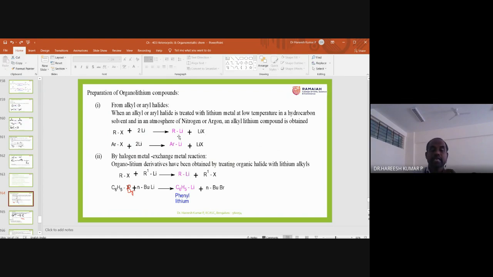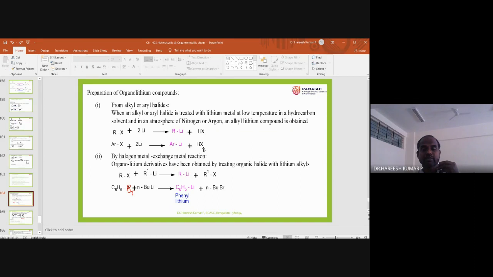This reaction should be carried out in an argon atmosphere or nitrogen atmosphere, because these are hygroscopic in nature. What does hygroscopic in nature mean? It means the compound will catch the moisture present in the atmosphere. That moisture itself is enough to change the physical properties of the organolithium compounds.